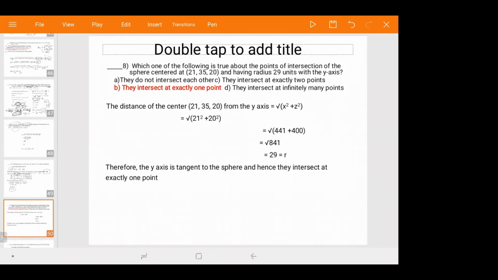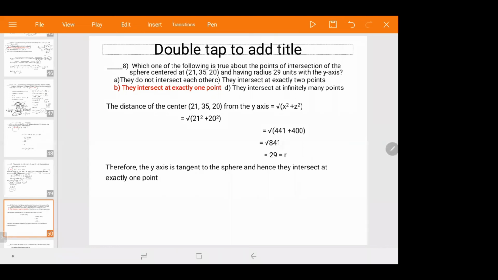Question number 8, which one of the following is true about the points of the intersection of the sphere centered at 21, 35, 20 and having radius 29 units with the y-axis? Now, first let us try to find the distance of the center from the y-axis.